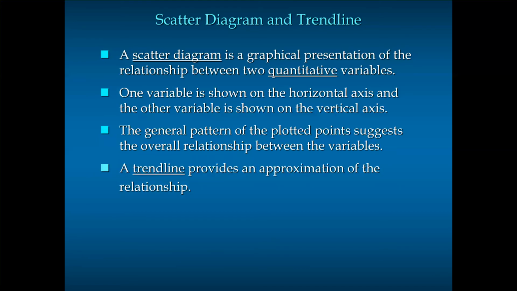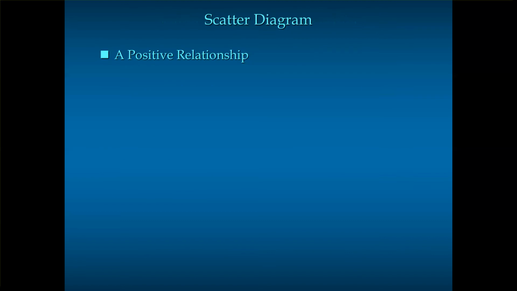A trend line provides an approximation of the relationship. So the scatter is the fact, and the trend line is the tendency. Because we are not like computers, sometimes the computer will help us to simulate the trend line in order to help us find the relationship between two variables.